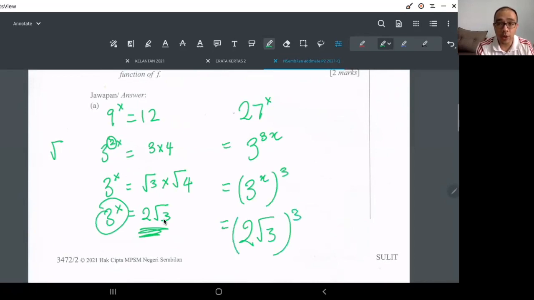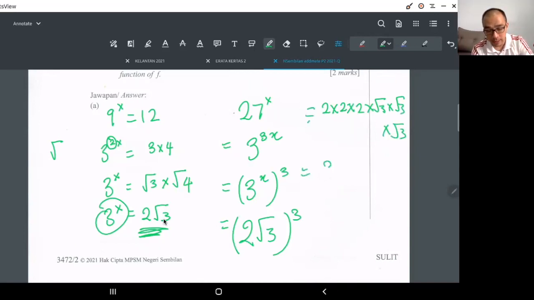Now, if at this point you feel like, goodness, the cube is such a bother, it is a bother, but not that difficult. You can just do 2 times 2 times 2 times square root 3 times square root 3 times square root 3. What are you left with? 2 times 2 times 2 is 8.